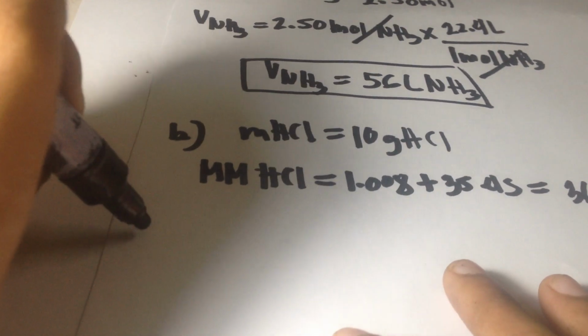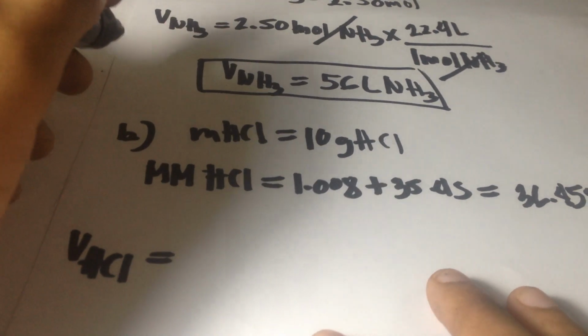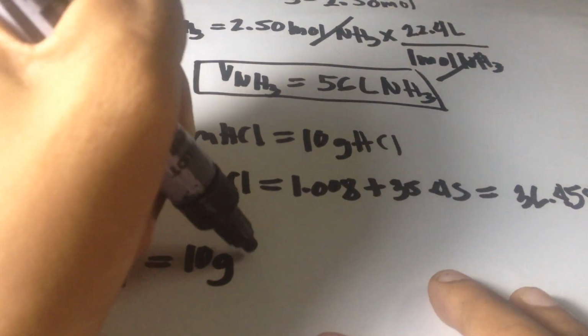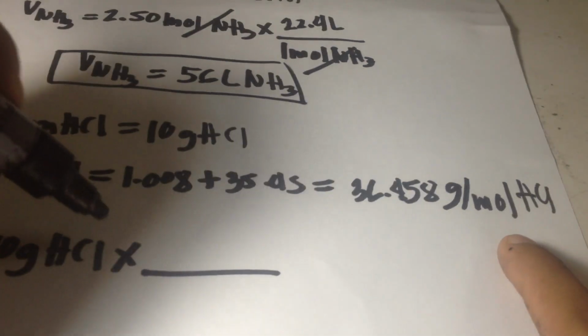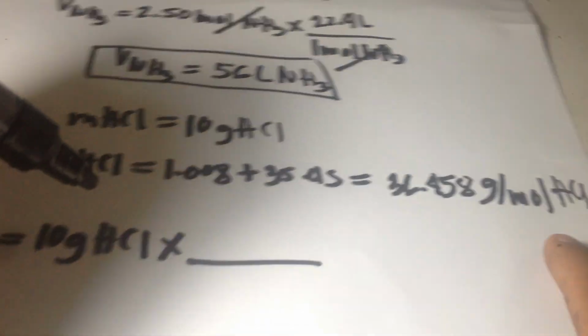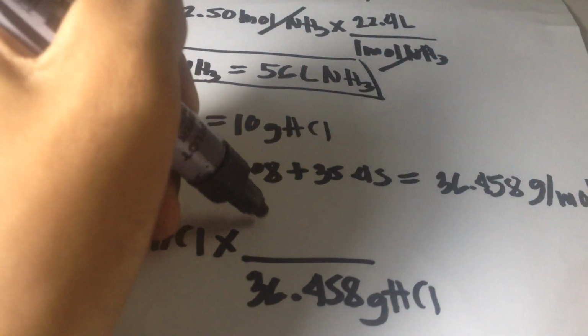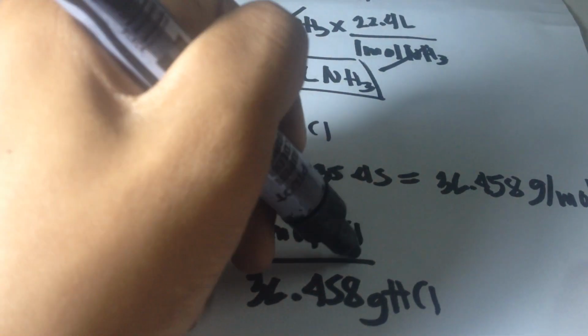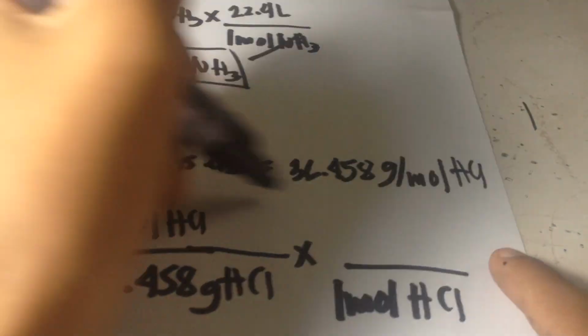So the volume of HCl is equal to 10 grams of HCl times 1 mole of HCl per 36.458 grams of HCl, and then the ratio of 22.4 liters of HCl per 1 mole of HCl.